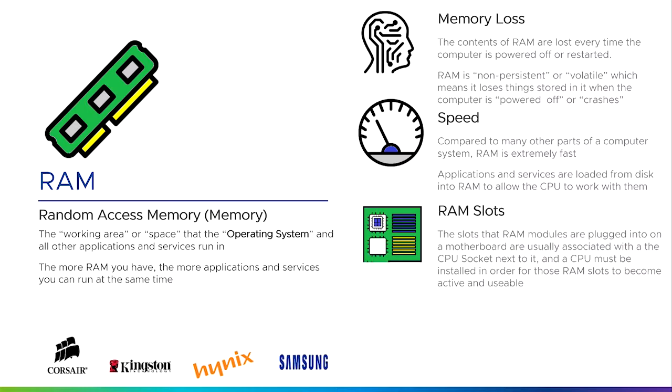The number of RAM slots you can install in a computer depends on the motherboard, but sometimes you'll find that the RAM slots are associated with the CPU. So if you have a motherboard that expects 2 CPUs and you only fit 1 CPU, you might find that only half of the slots are available because the slots rely on the CPU to work.